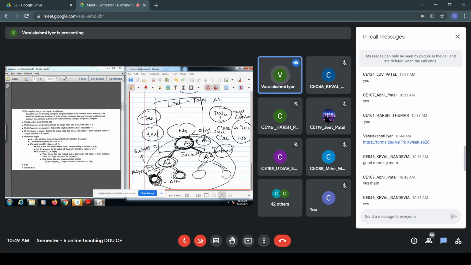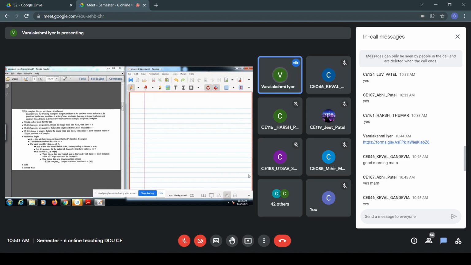See what will happen: whenever you are performing the split, you will use the attribute to split the particular data set only once. Suppose you are choosing attribute A1 and it has two values. Let me show this. Let us consider Outlook only. Outlook has three values, so you will create three branches for sunny, for rainy, and for overcast.